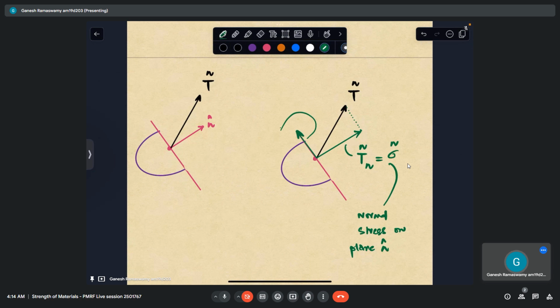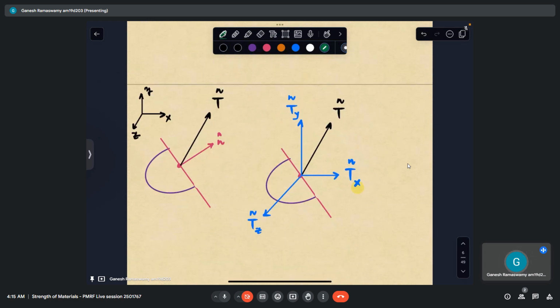Similarly, this would have to be Tn, but along a direction that is perpendicular to n. So essentially, this would have to be n plus pi by 2, so to speak. But we won't get into so much complication with our symbolism. We simply label this as tau. That is, tau represents the shear stress. So this will be represented as tau along n.